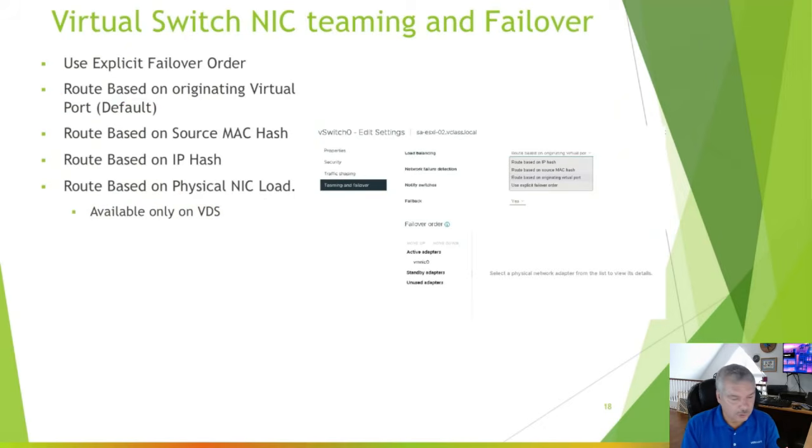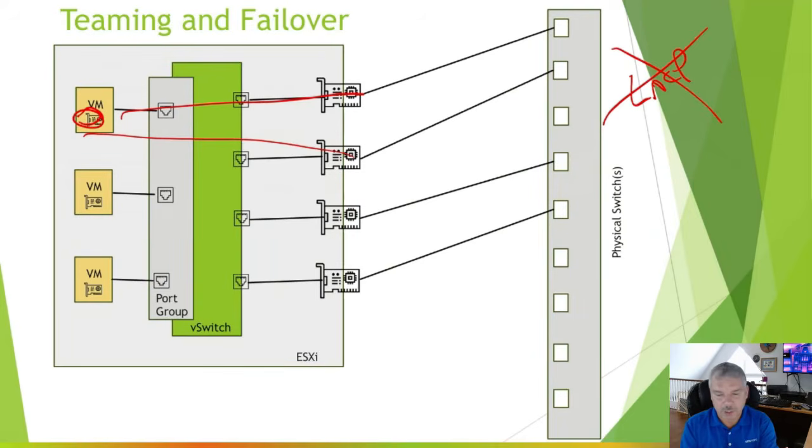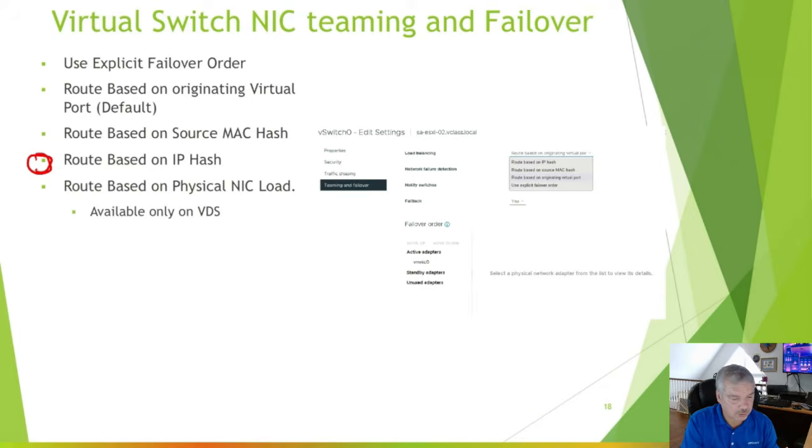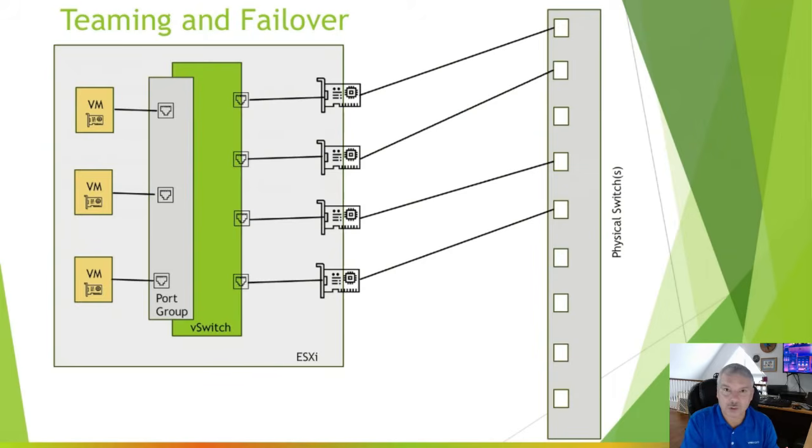Now, the other one here, route based on IP hash. With route based on MAC or source port, this VM generally is going to use that card all the time, so that might be a bottleneck. Route based on IP hash is based on the source and destination IP. This VM has an IP, and let's say it's talking to some machines out here.